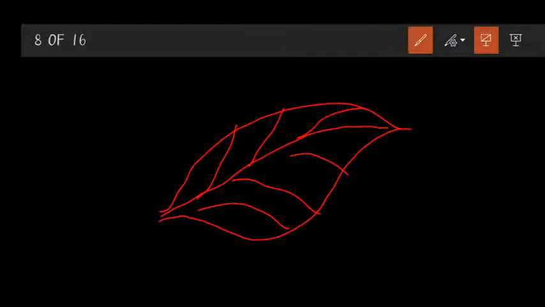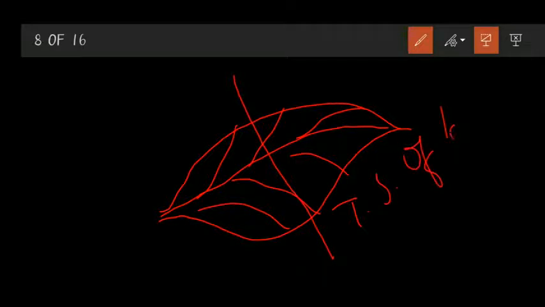In the leaf, we need to take a transverse section to understand easily how these mechanisms take place in the plant cells. Transverse section means we cut like this, and this is called the TS of leaf.